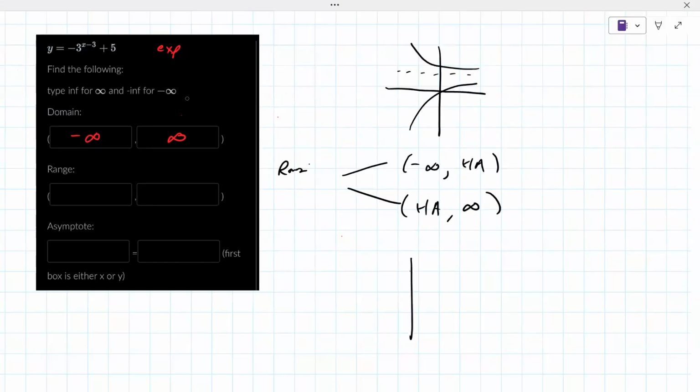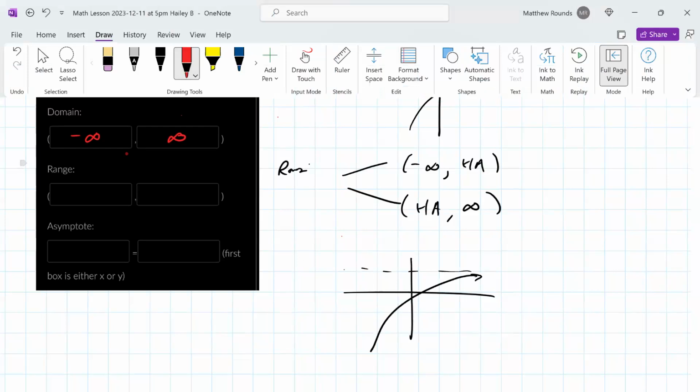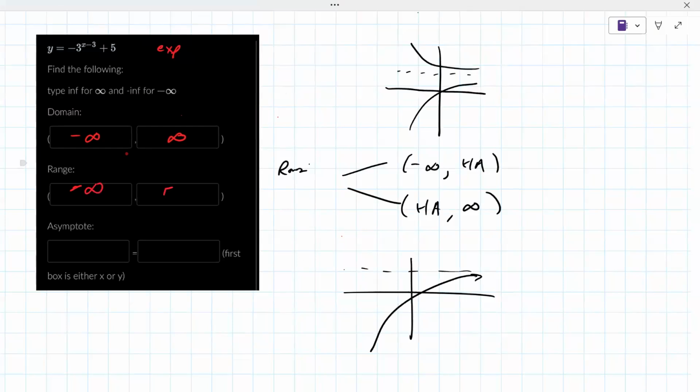Okay. Well, yeah. So the thing is, this one does approach from here. So it's the minus infinity to the horizontal asymptote, which is that value of 5 there. The horizontal asymptote is y equals 5.